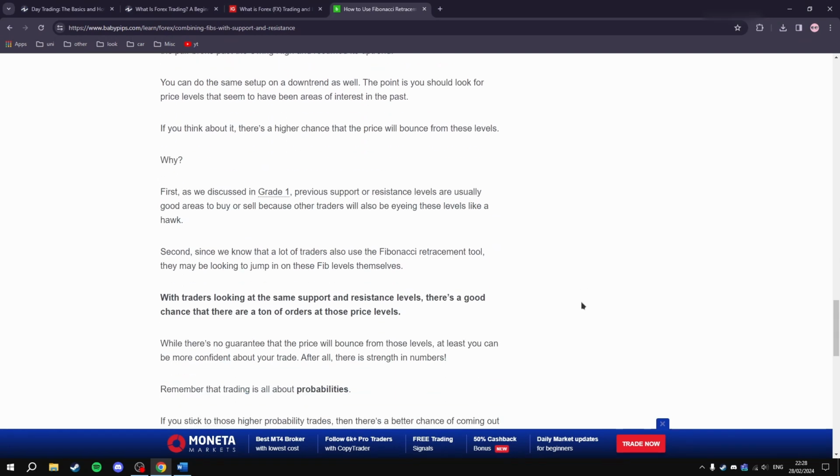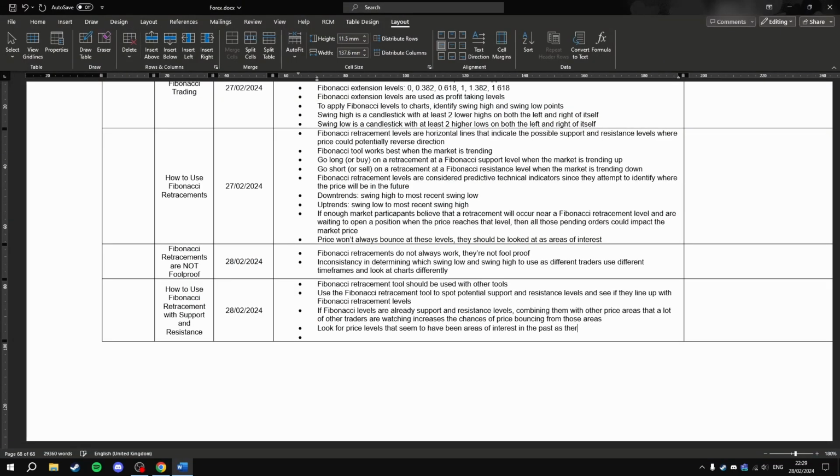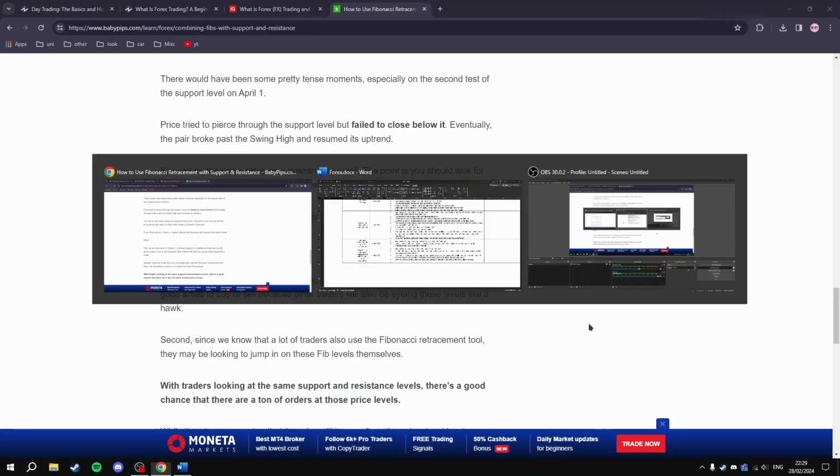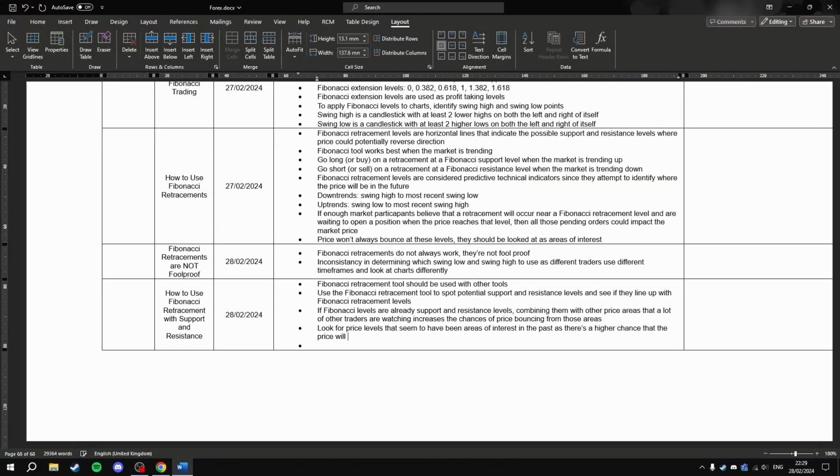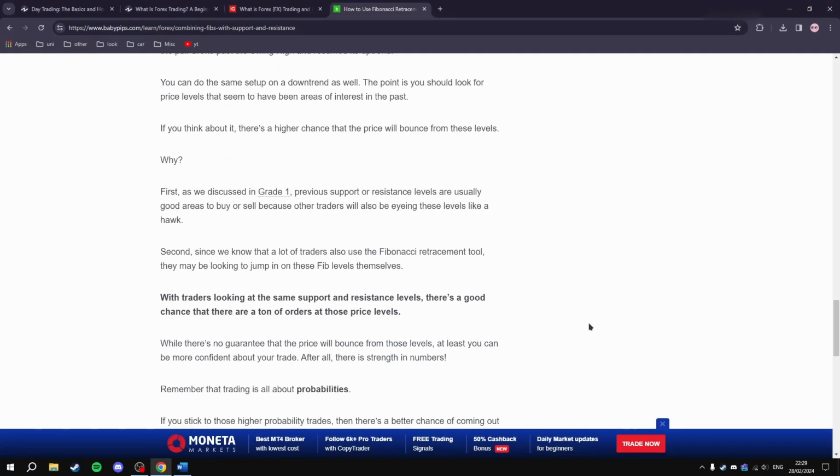First, as we discussed in grade 1, previous support or resistance levels are usually good areas to buy or sell because other traders will also be eyeing these levels like a hawk.